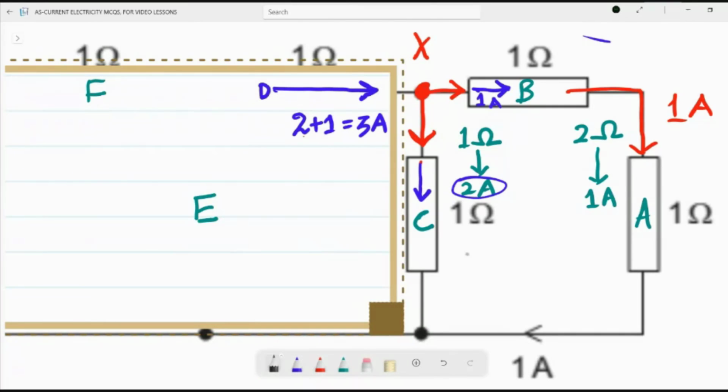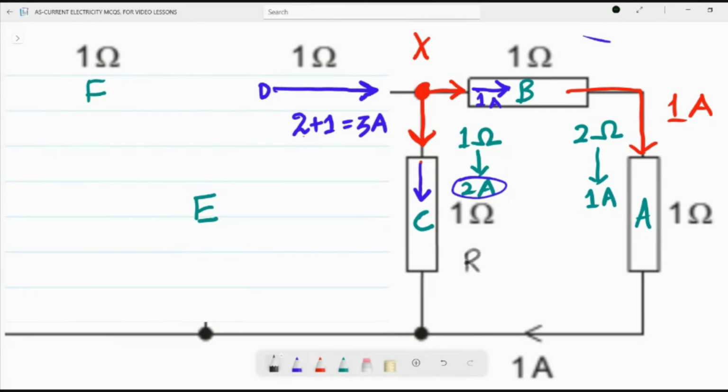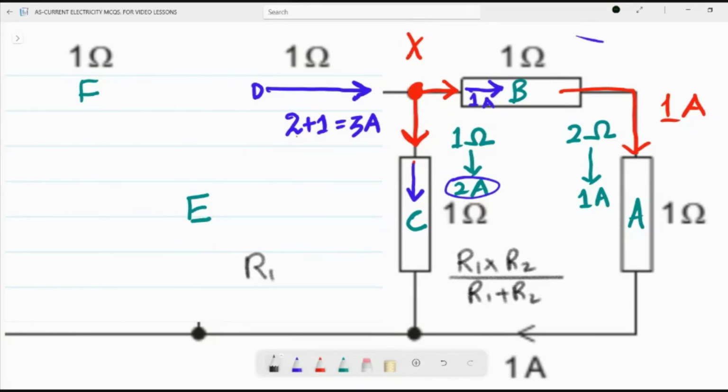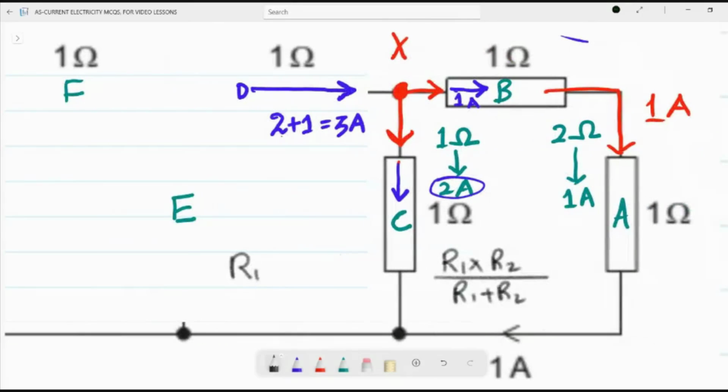That is R1 times R2 divided by R1 plus R2. So, 2 times 1 divided by 2 plus 1, so it would be 2 by 3 ohm resistance.